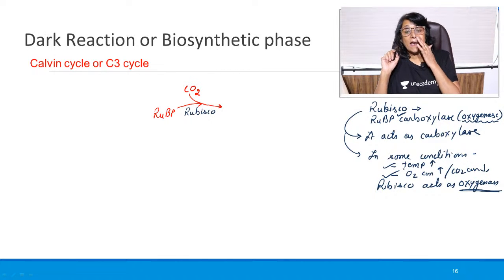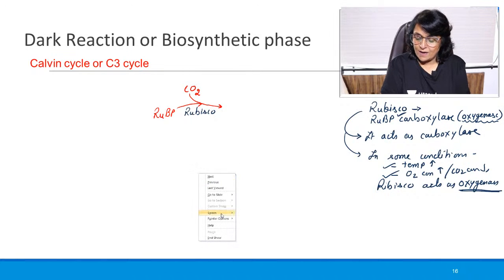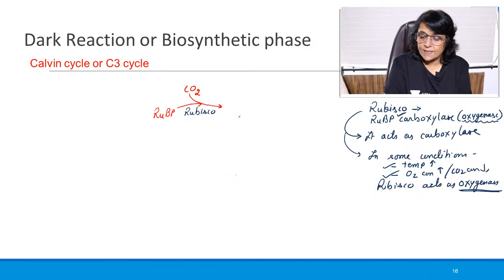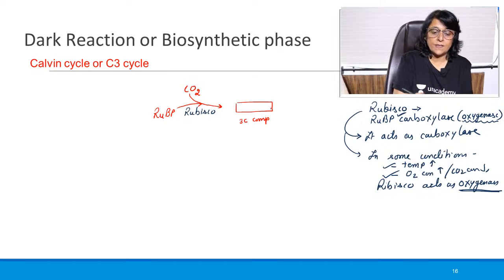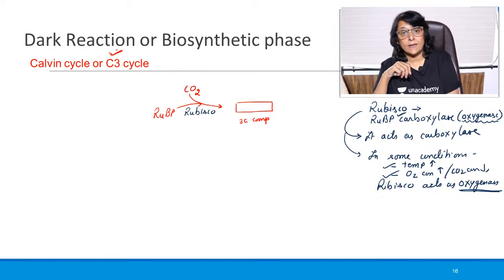Alright, so now we get the first stable compound, and the first stable compound is a 3-carbon compound. And because of this, this is called the C3 cycle.